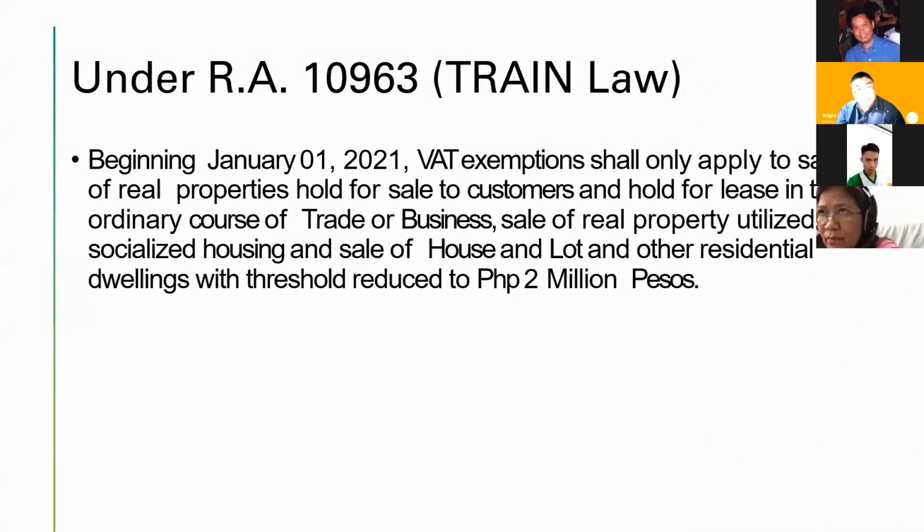However, under RA 10963, beginning January 1, 2021, VAT exemptions shall only apply to sale of real property sold for sale to customers and held for lease in the ordinary course of trade or business, sale of real property utilized for socialized housing, and sale of house and lot and other residential dwellings with a threshold reduced to 2 billion pesos.